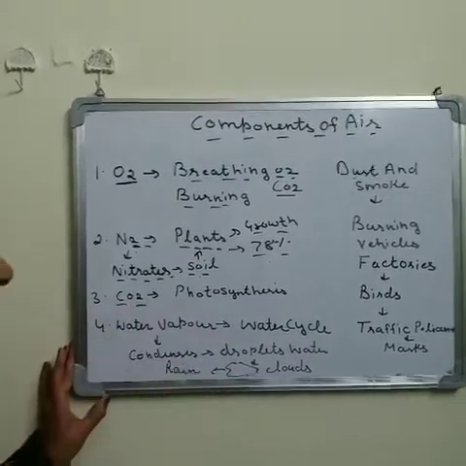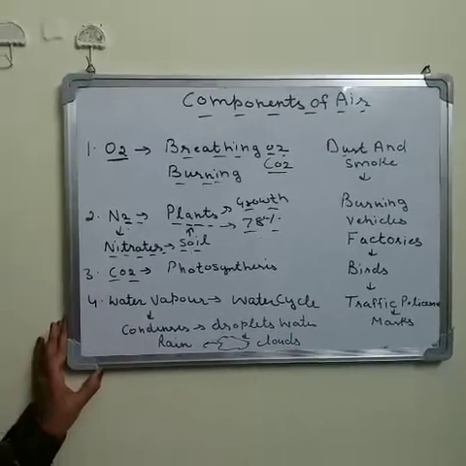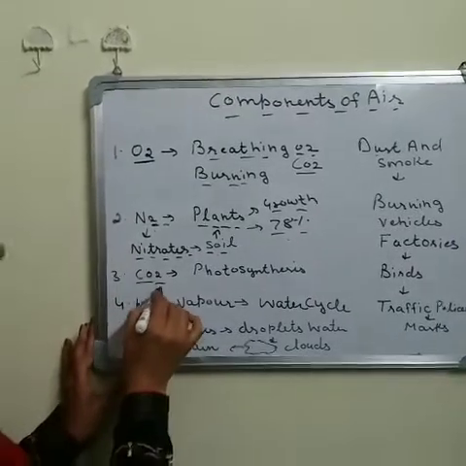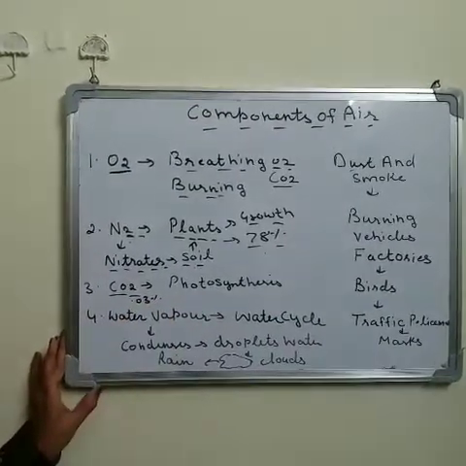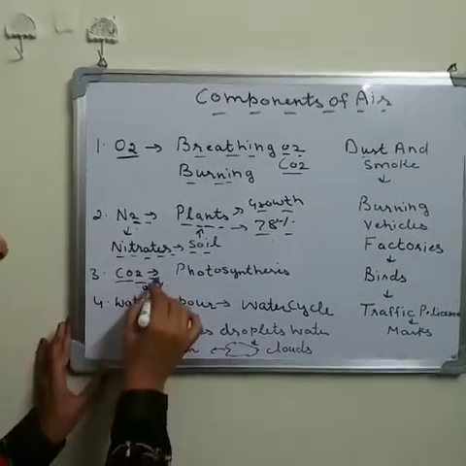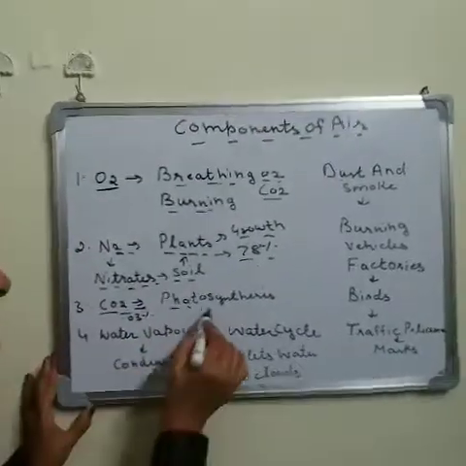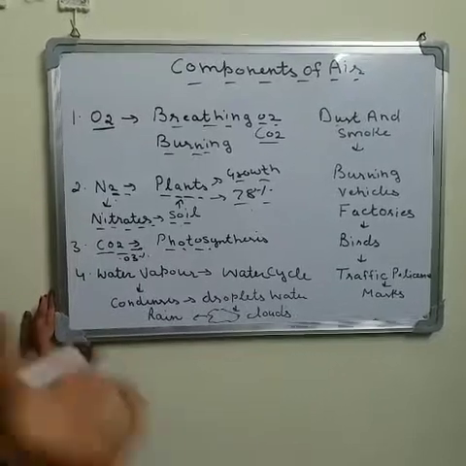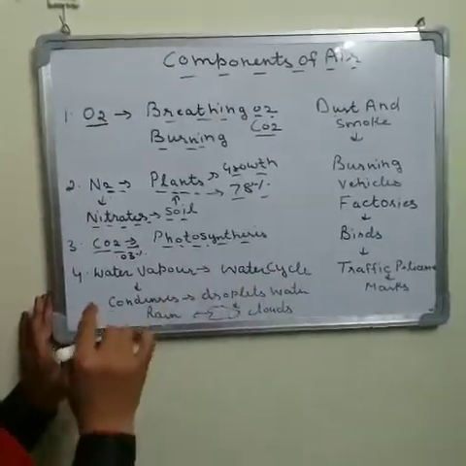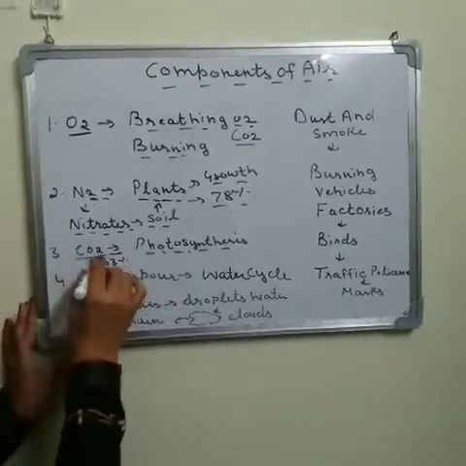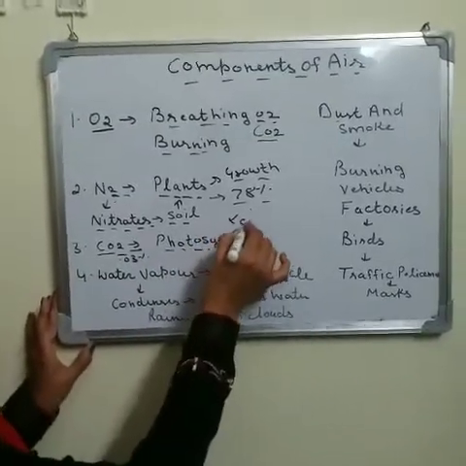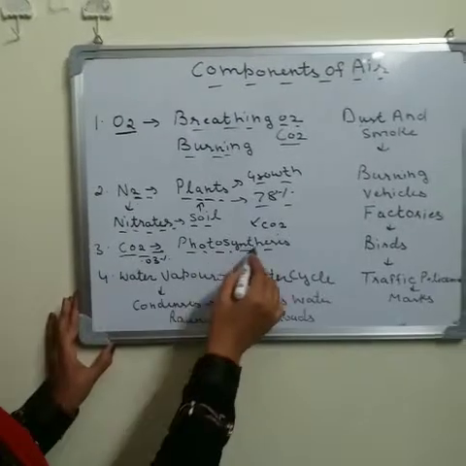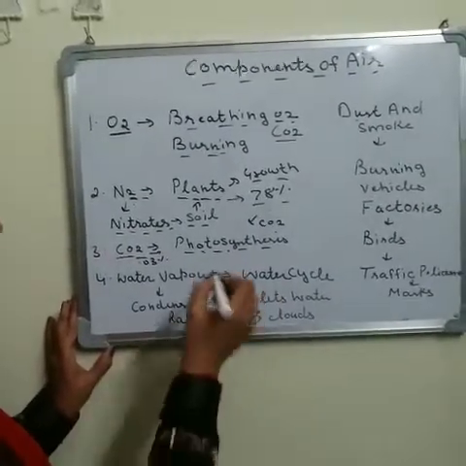Now the next important component of air is carbon dioxide. Carbon dioxide is present in air at about 0.03%, and it is a must for plants, because plants take carbon dioxide during the process of photosynthesis. During photosynthesis, plants take in carbon dioxide rich air and prepare food in the form of sugar.